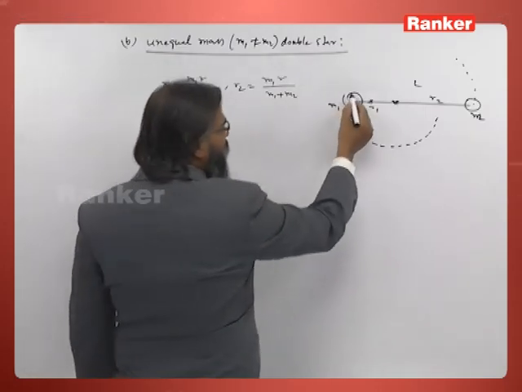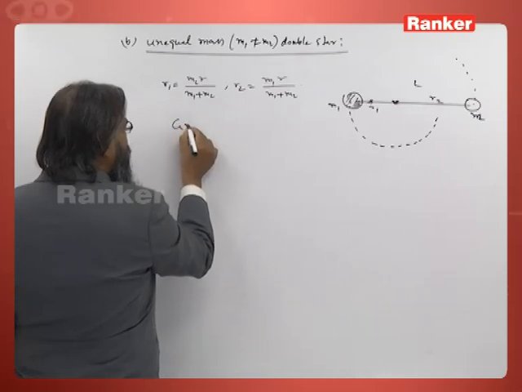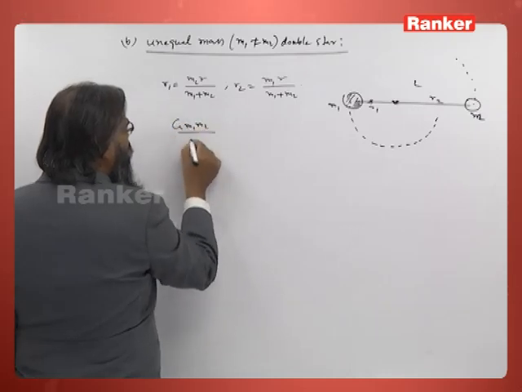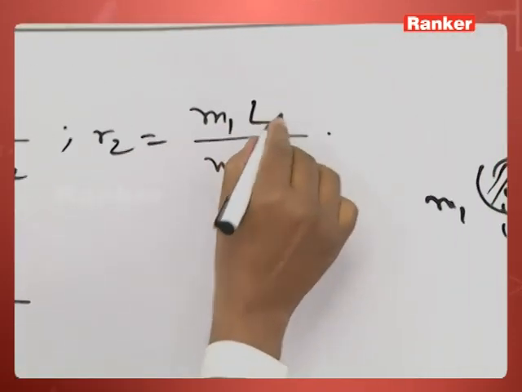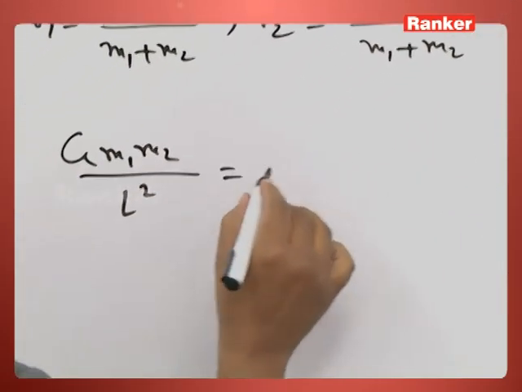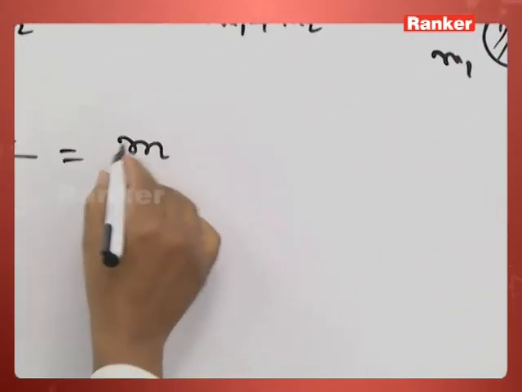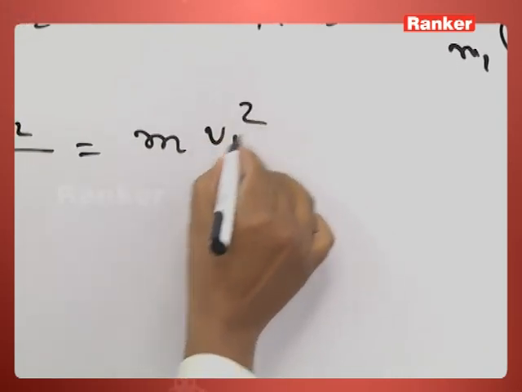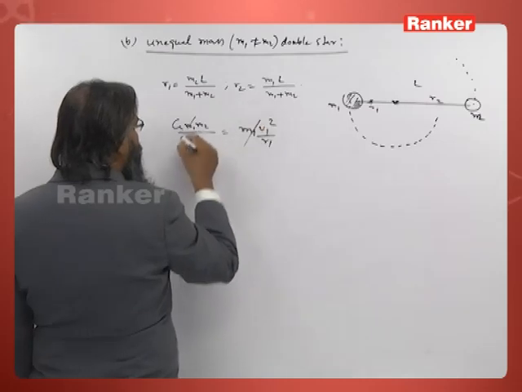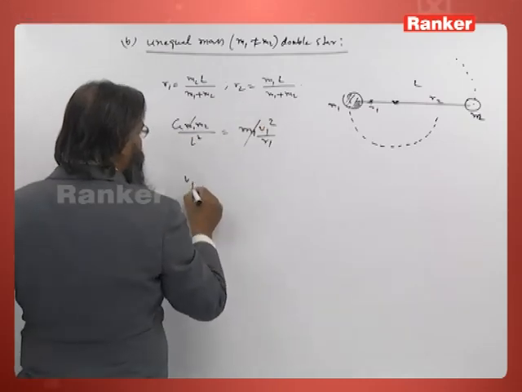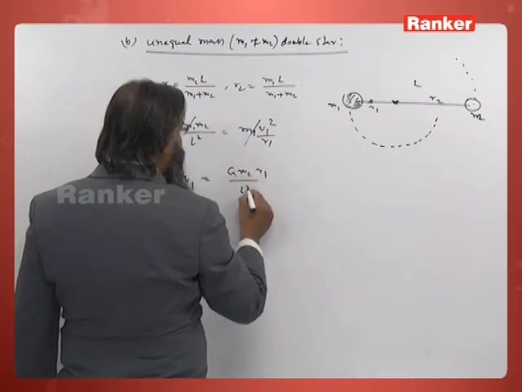Now, let us consider the dynamical equilibrium of this mass. Here G m1 m2 by L square, L being the distance, is equal to the centripetal force, m times v1 square by r1. So, this is m1. So, m1 gets cancelled, v1 will be the square root of G m2 r1 by L square.